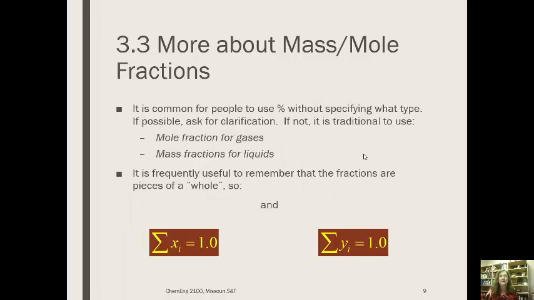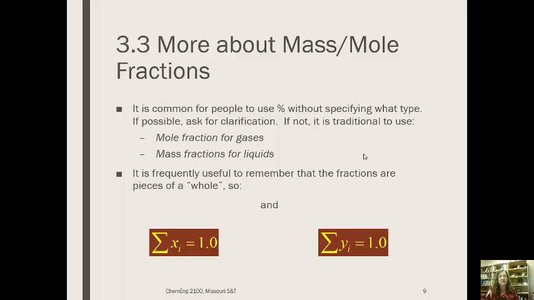Now, one more little fact I want you to know. Well, I guess this is two more little facts. First, a lot of times people will just say it's a percent of something, and so they'll say, oh, this mixture is 23% air, or it's 58% methane, and they don't tell you what type of percent.